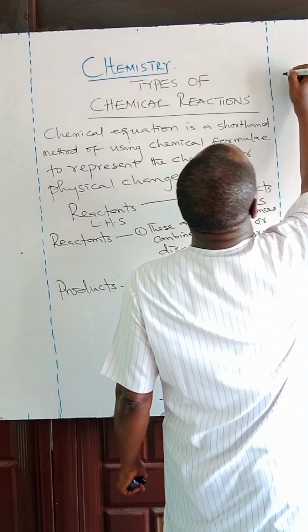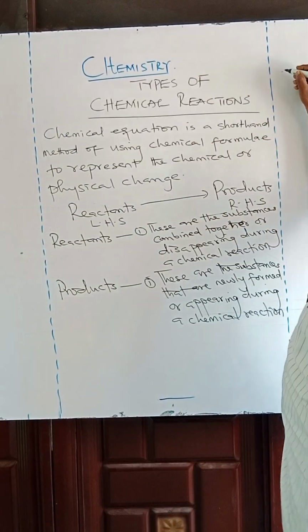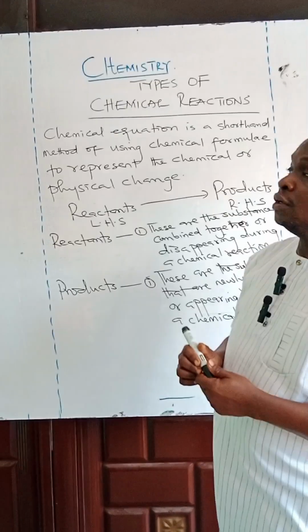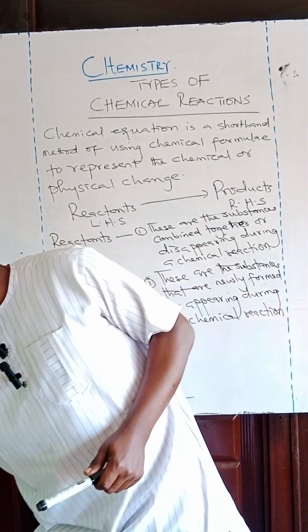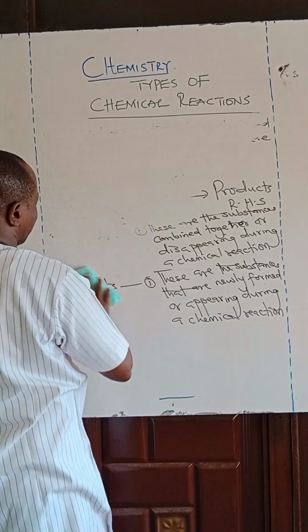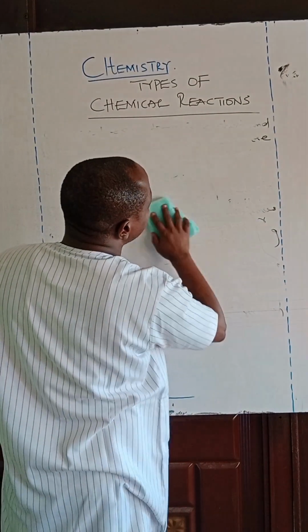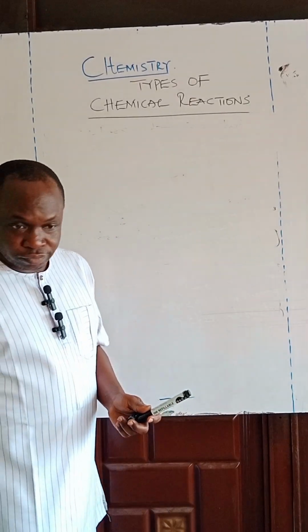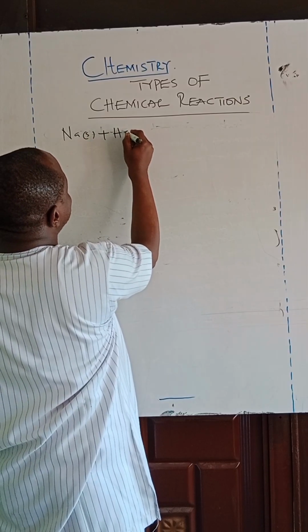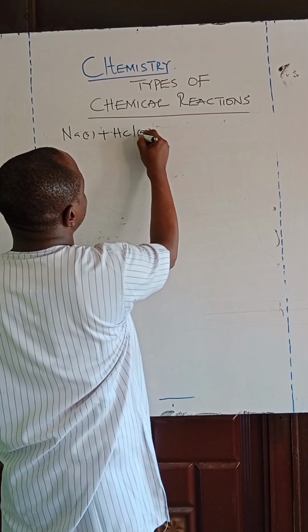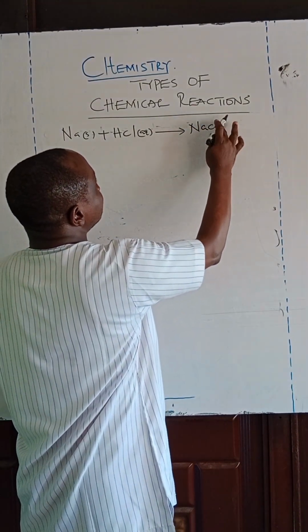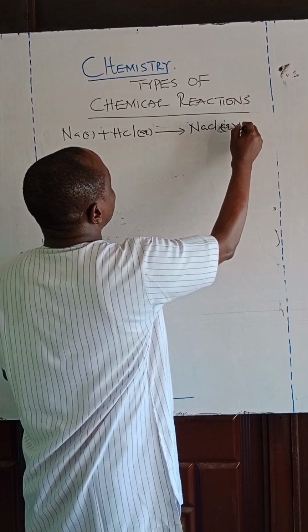For example, let's say we have sodium plus HCl, dilute hydrochloric acid, to form sodium chloride plus hydrogen gas.